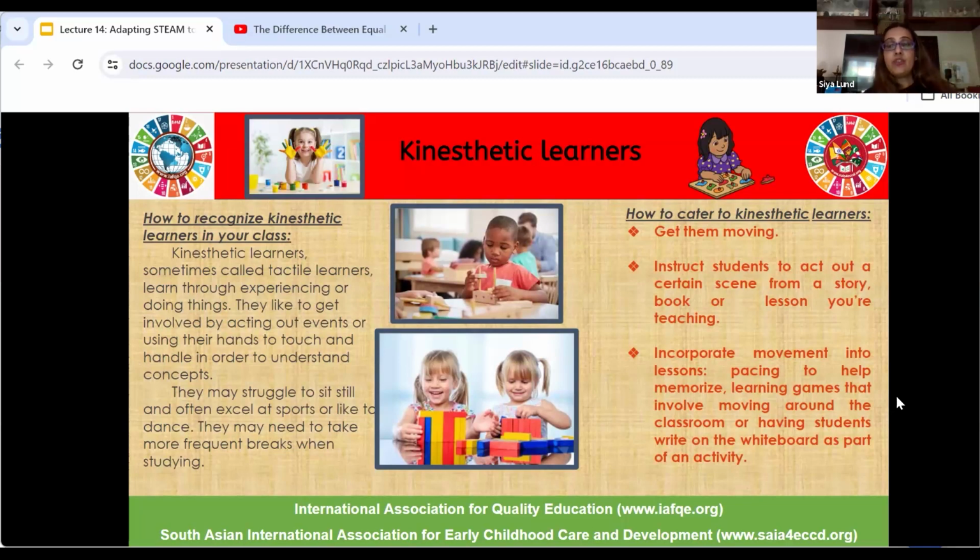Even in the rain cycle, for example, or a winter scene, if you're teaching about winter, or about animals, you can talk about an animal scene, or a story of some animals. So you instruct them to enact it out, and they will love to do it because that's what they like, right? Movement. They like to get up and do stuff.